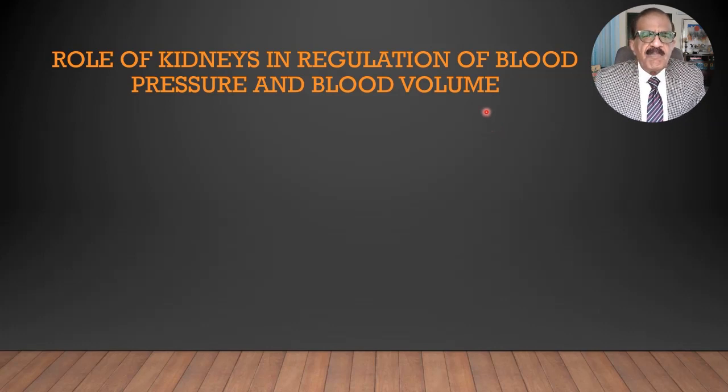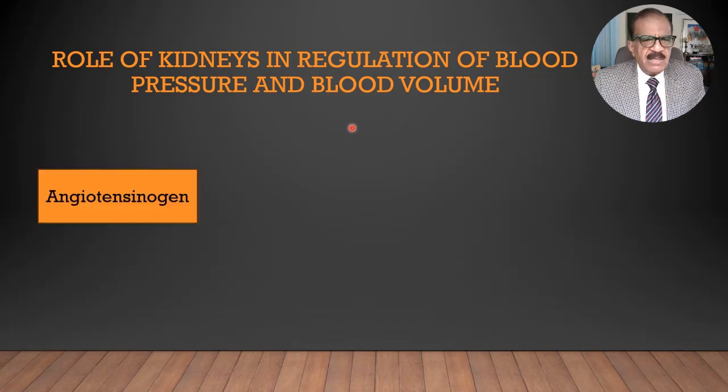Now there are many mechanisms which regulate blood pressure, like our sympathetic nervous system and the tone of our vessels, the amount of blood volume, the heart function. But I think the ultimate responsibility of regulation of blood pressure and blood volume is that of the kidneys.